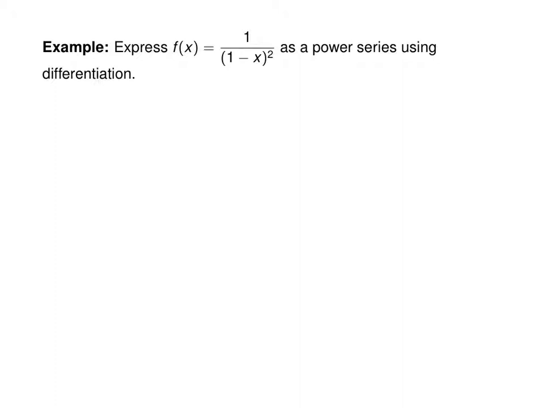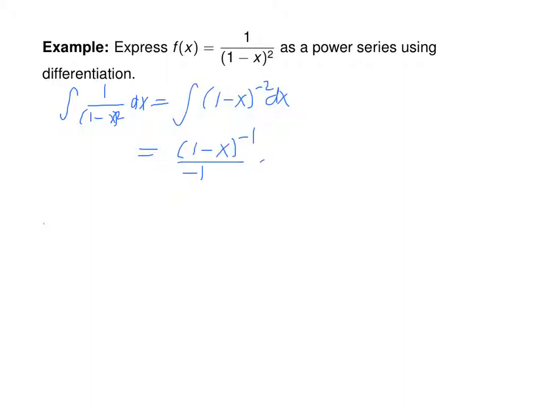So what you notice is that if you integrate 1 over (1 minus x) squared, that's the integral of (1 minus x) to the negative 2. That's, other than the plus C, (1 minus x) to the negative first divided by negative 1 and then multiplied by another negative 1. So that's 1 over 1 minus x.